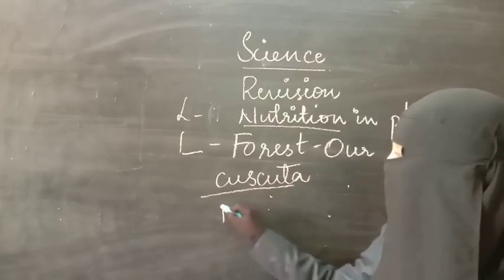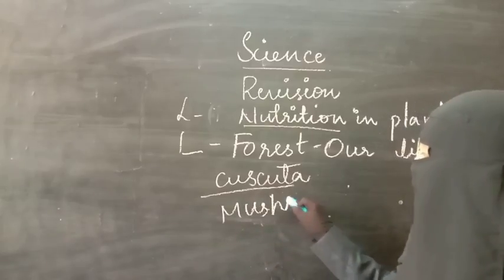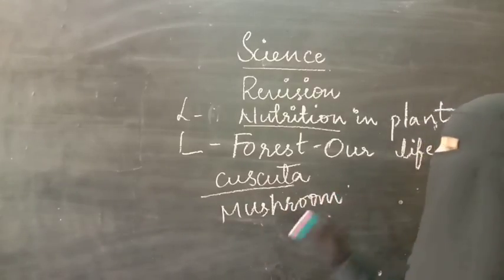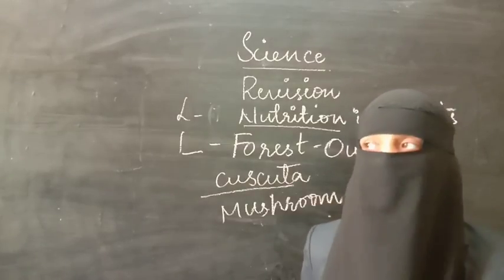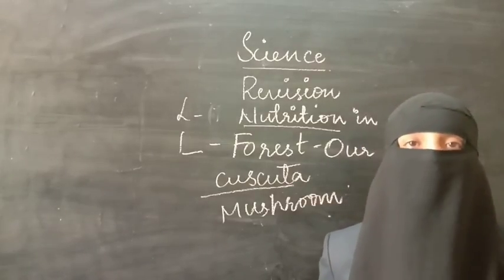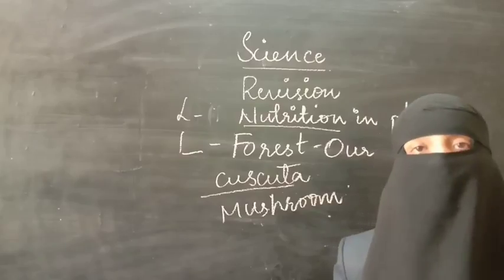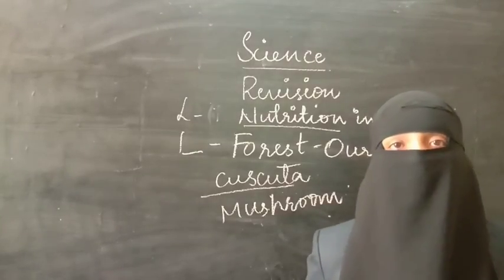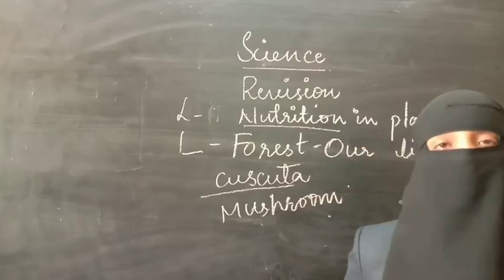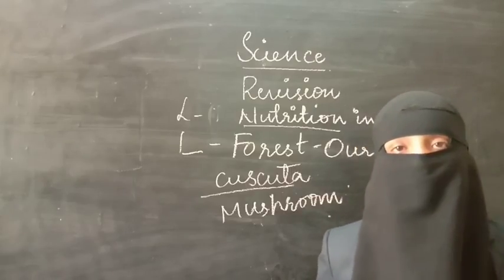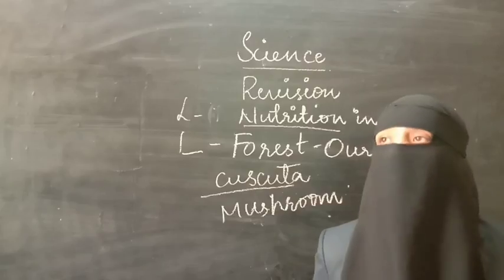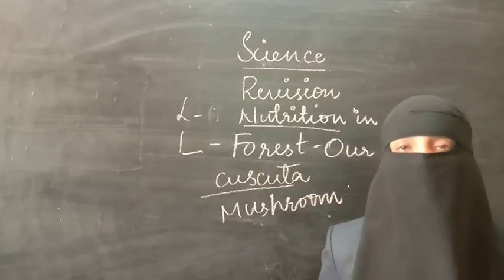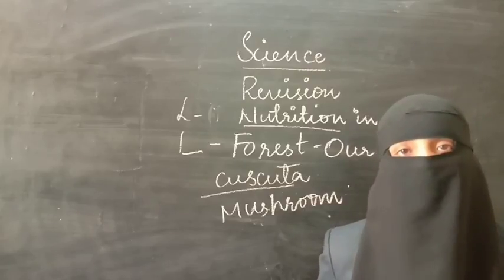An example is the mushroom. As they depend on dead and decaying matter, mushrooms are called scavengers of the environment. That means they clean the environment by consuming all the dead and decaying matter.